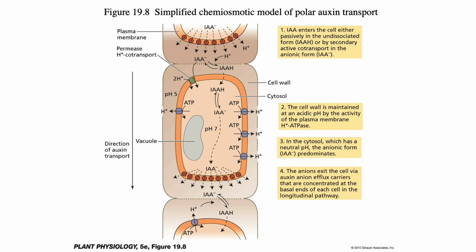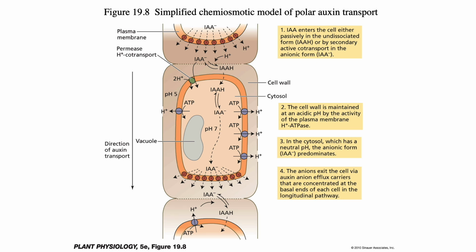Shown here is one cell in a column of auxin transporting cells. IAA enters the cell either passively in the undissociated form, IAAH, or by a symporter in the dissociated form, IAA-. The cell wall is maintained at an acidic pH by the activity of the plasma membrane ATPase, or proton pump.